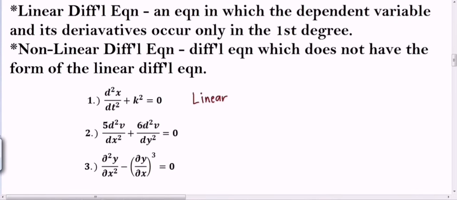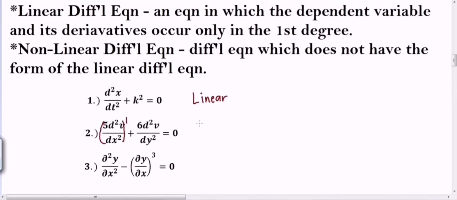Okay, let's have number 2. In number 2, this is only raised to 1 and this is also raised to 1. What you look at here, guys, is not the order. You look here for whether you have an exponent or degree that is greater than or equal to 2. That is called non-linear. Okay? So, this one is also only raised to 1. This one too, raised to 1.